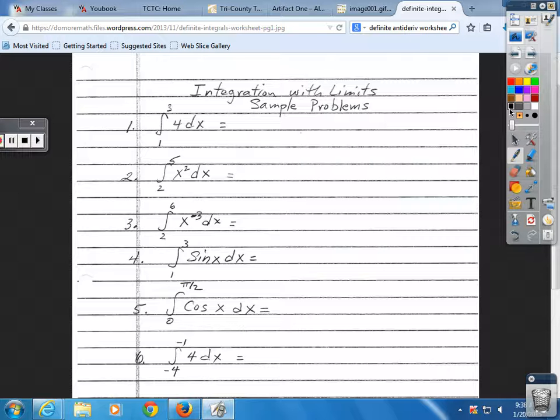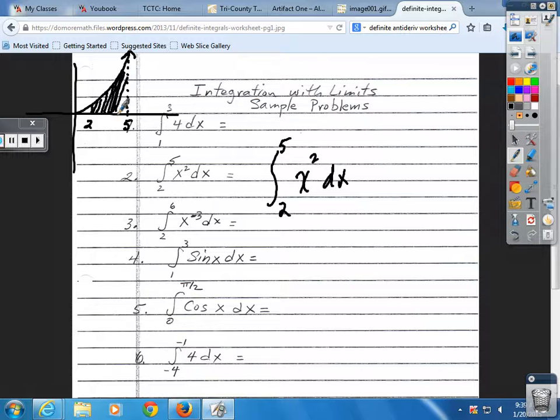All right, let's do the next one. Number 2. I'm going to go black. All right, so antiderivative from 5 to 2 of x squared dx. Now you can actually picture this. X squared is a regular parabola, correct? Like that. And you're going from 5 to 2. So you're finding that area right there.